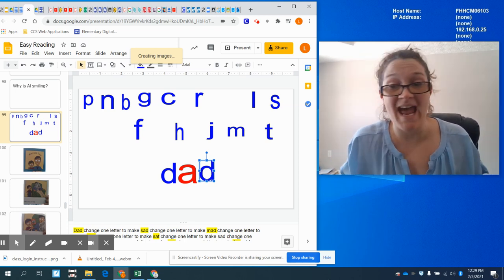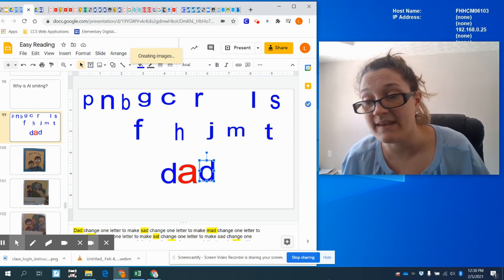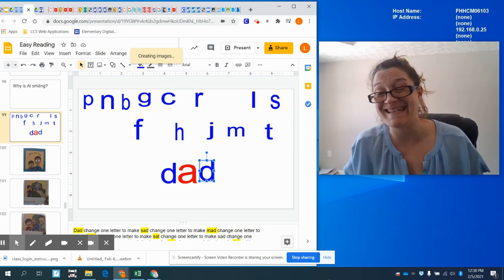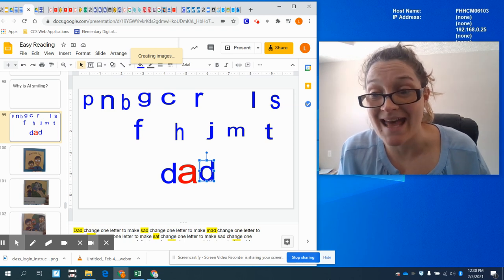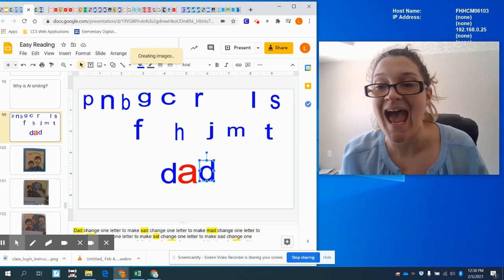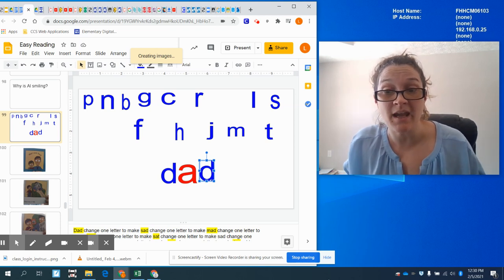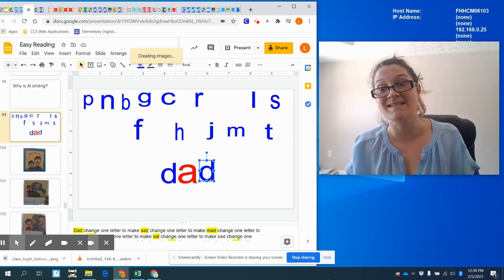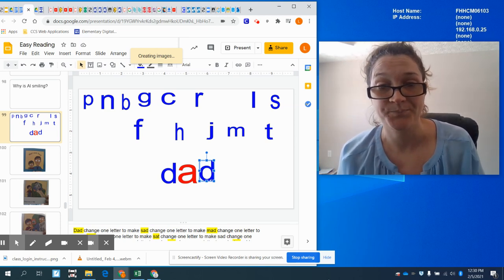Now, we are going to change one letter. All right, so dad is our starting word. And now we're gonna change one letter in dad to make the word sad. All right, sad. The little girl was sad. So let's stop and think about the 3 letters and what letter in sad is different than the letters in dad.